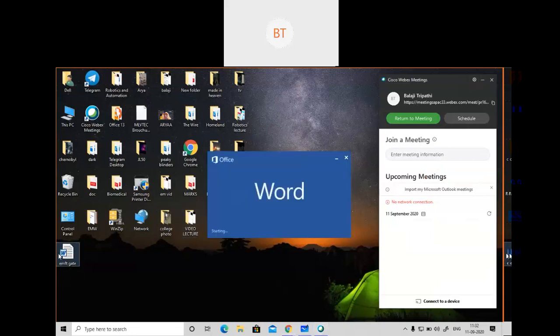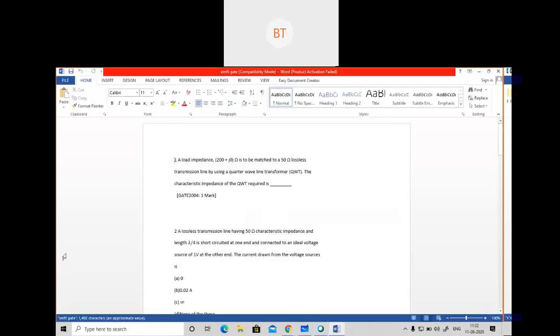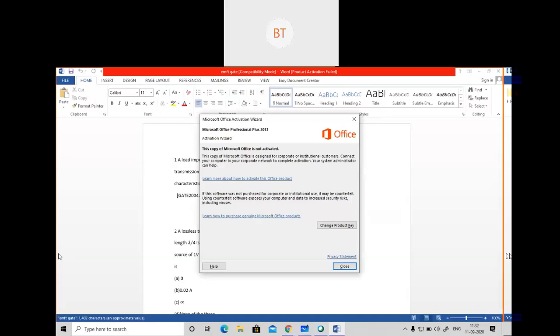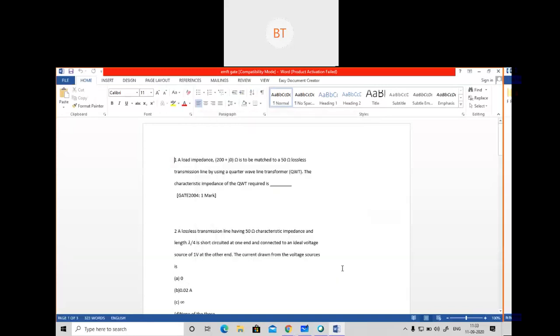From transmission lines, every time they are asking some problem in GATE. So please take your copy and pen. This is all the problems which had been asked in GATE. I had taken them from the internet, and I have not solved them myself till now. I want to see how many of you can solve those questions.